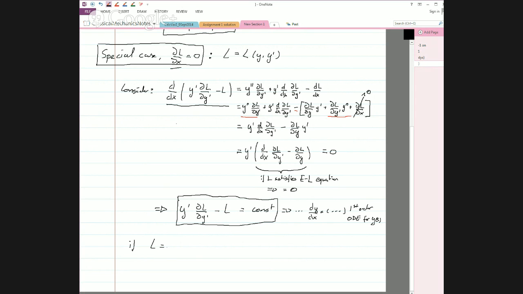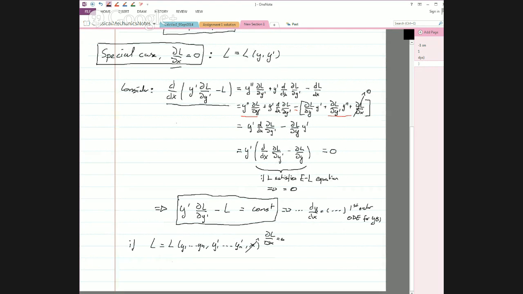But if L were a function of multiple functions, y1 to yn, y1 prime to yn prime, and x, but not x because it's the case where ∂L/∂x equals 0, the result that you get, and the math is simple, is that the sum i equals 1 to n of yi prime ∂L/∂yi' minus L equals 0.